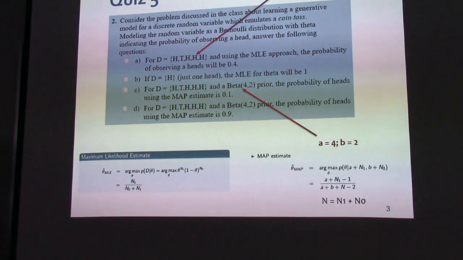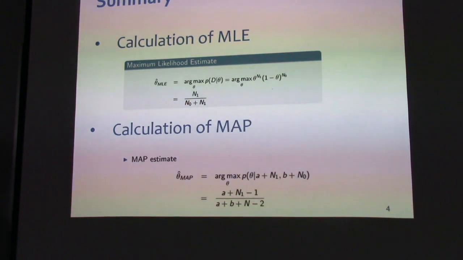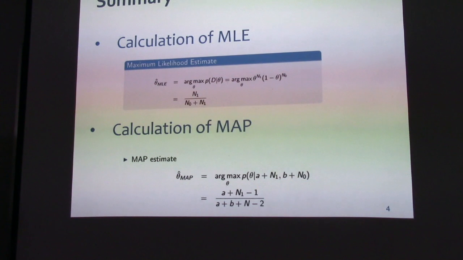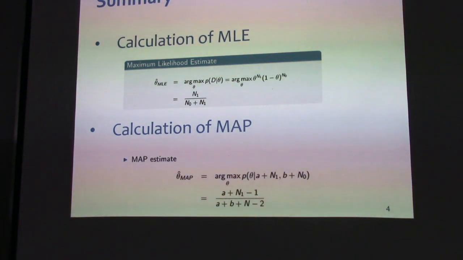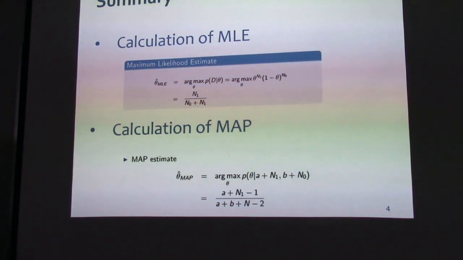Okay, let's begin. From my point of view, for the fifth part of the midterm review, you just need to know how to calculate both the MLE and the MAP.